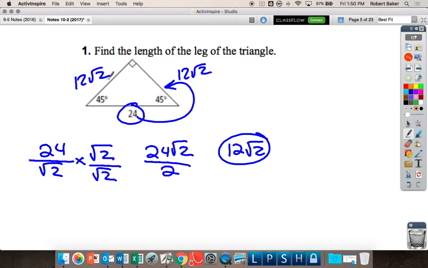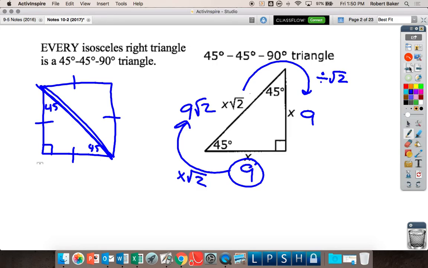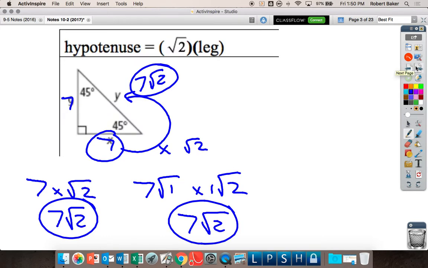Has anybody seen a pattern yet? No patterns? Let's just keep going until you see it. Yes. Kind of. You're right. There will always be a square root of 2. Cool? What kind of number is this?